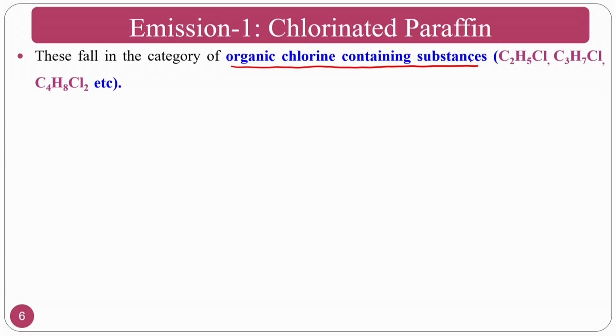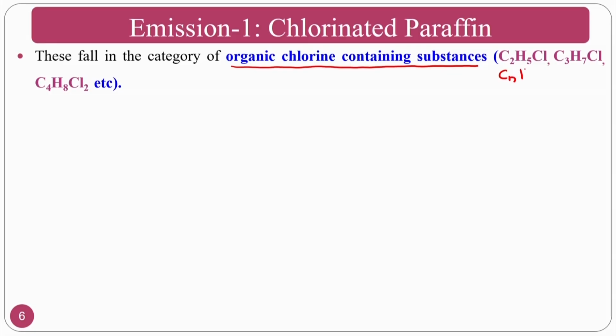You might have studied in your intermediate or 10th class, or in the early stages of your bachelor's, alkanes, alkenes and alkynes, carbon and its compounds, where alkanes are CnH2n plus 2, alkenes are CnH2n, and alkynes are CnH2n minus 2.